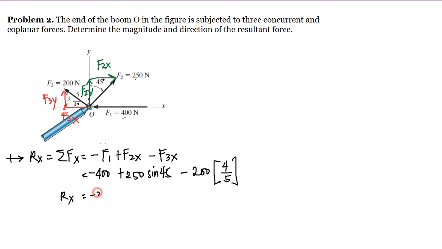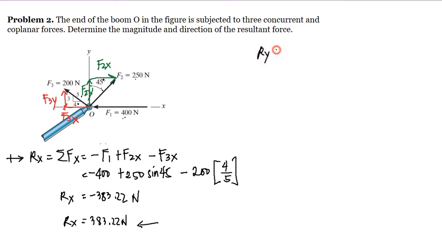So we have negative 383.22 Newton. And as you can see here, we have negative, so meaning the Rx is 383.22 Newton directed to the left.